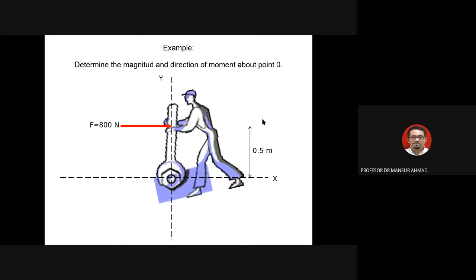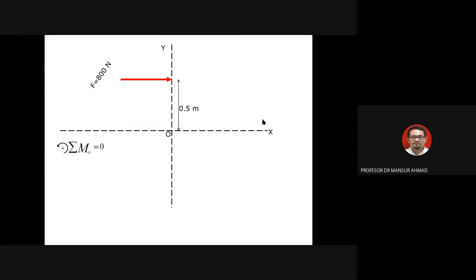Okay, so when we have this already, kita keluarkanlah gambar tu, kita ada yang ini. So 800 Newton. So I'm going to some forces in some moment, the summation of moment at point O yang ini equal to 0. Or in another word, the summation of moment at the bolt equal to 0.